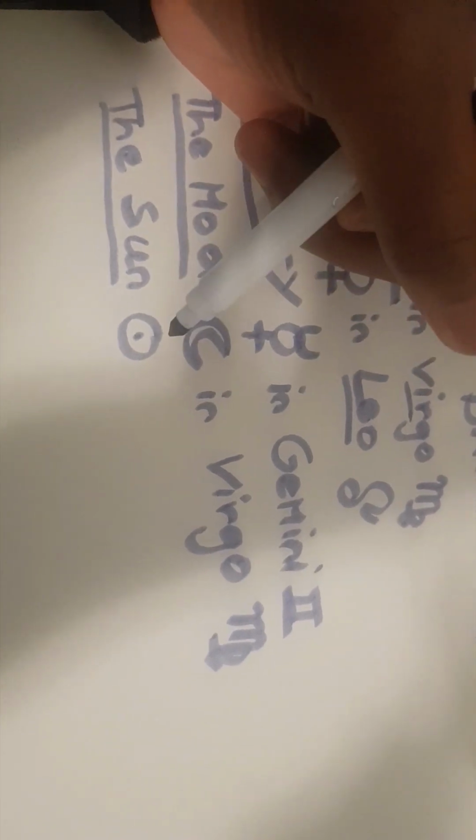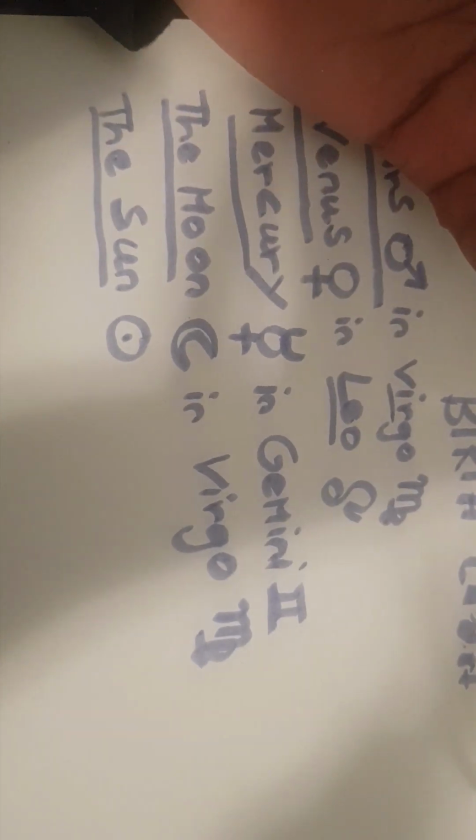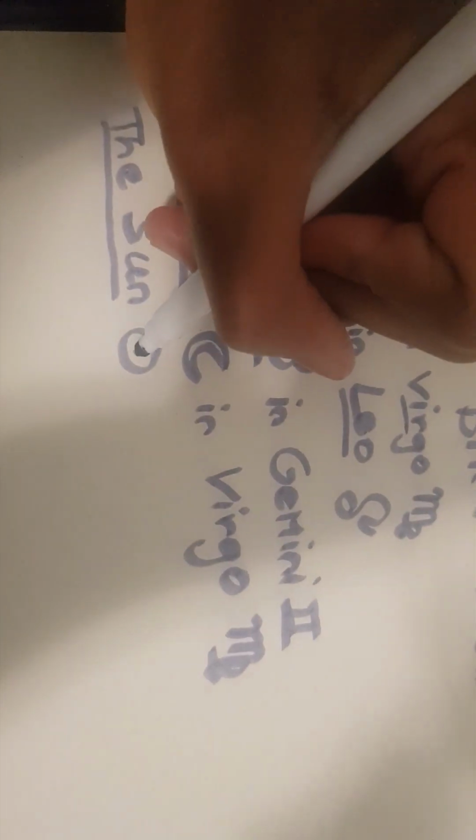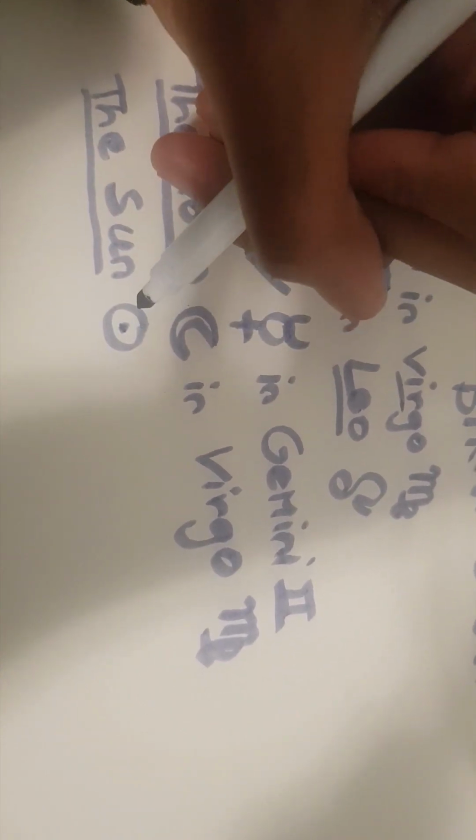This is actually the symbol for the sun in astrology, but usually the sun is just a circle with star lines around it. But this is the symbol of the sun.